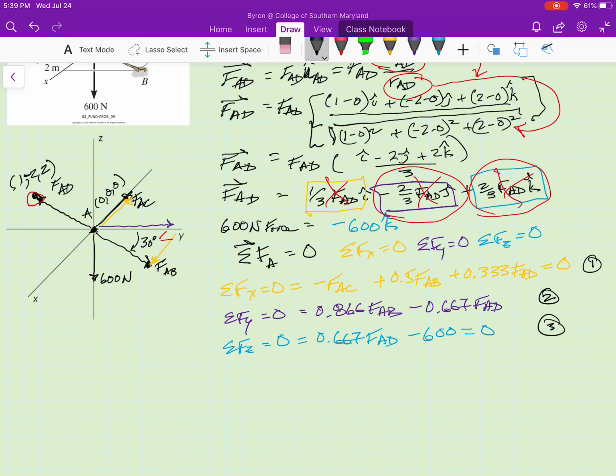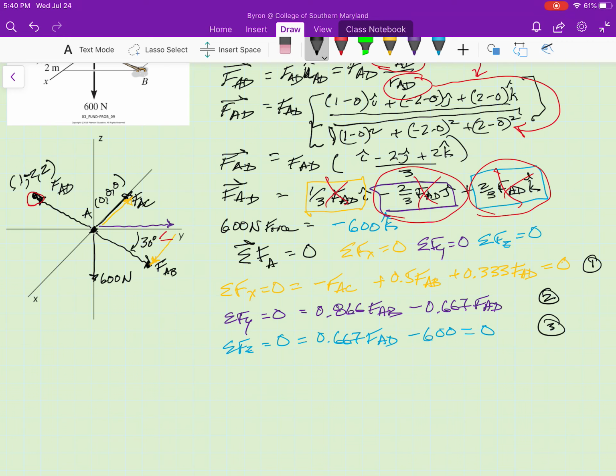It's worth the investment to learn it, and you're welcome to use your calculator for solving simultaneous equations on your test and homework and all that. So these, you might notice, are going to be kind of easy to solve because of the way the problem was set up.